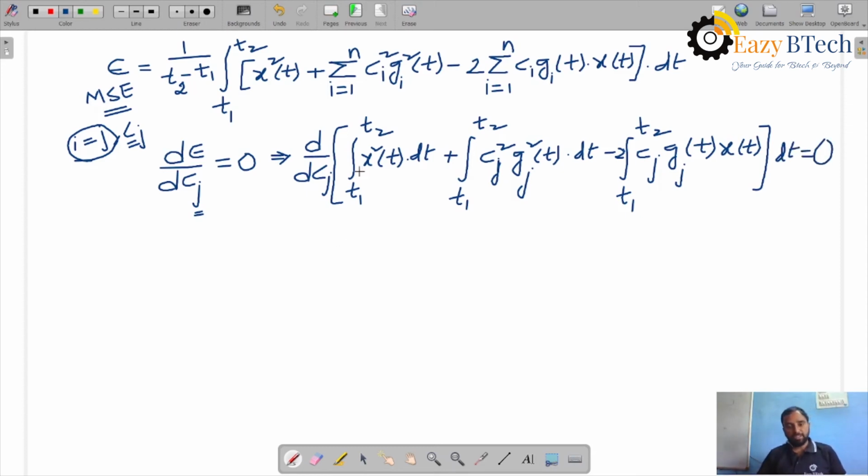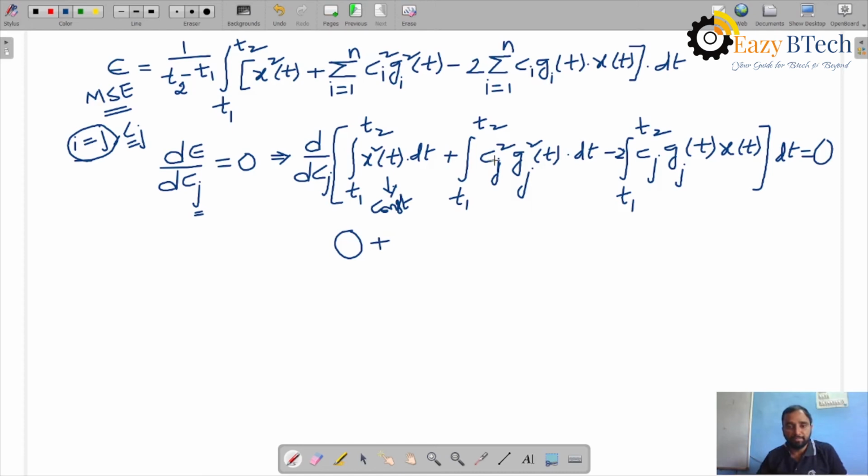So let's see the differentiation of each term. What is the differentiation of the first term? The first term, integral t1 to t2 x square of t dt, is a constant. The differentiation of a constant with respect to Cj will be 0.